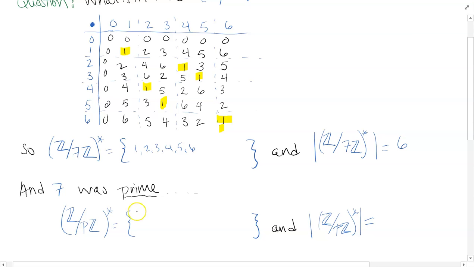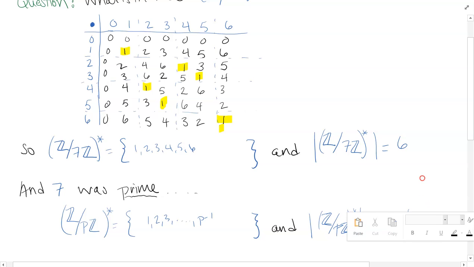Well, maybe this is what I'm thinking. We could have the set consist of, well, 0 is not going to be in there, but 1, 2, 3 up to P minus 1 is going to be in here, and so when we count that up, there's going to be P minus 1 things in the group of units. Maybe.